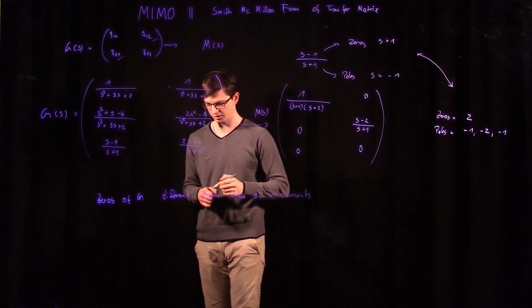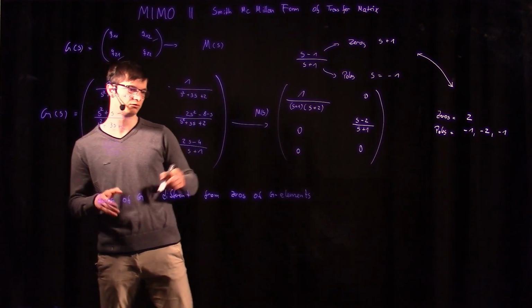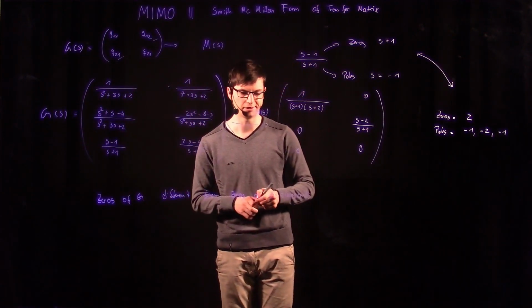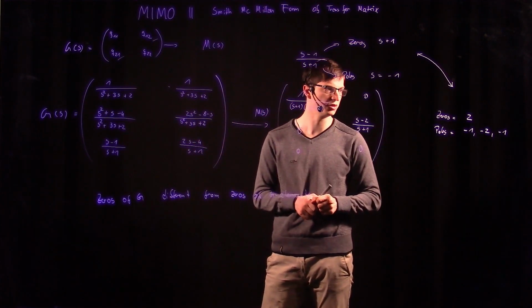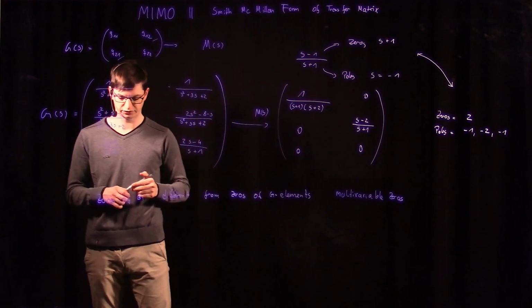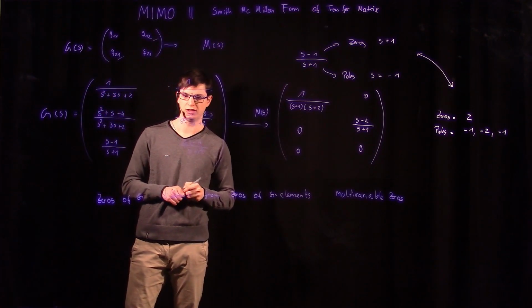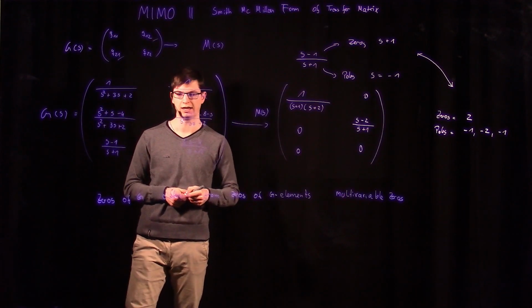That's important, and the next important point is that we would also like to call them multivariable zeros. All right, and the next thing we would like to add is that the poles of G are the poles of G elements.